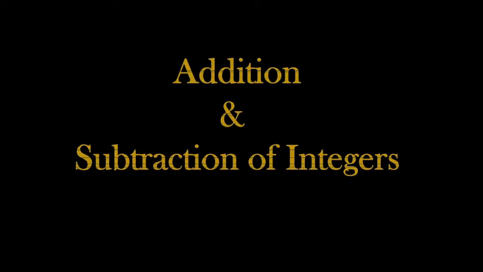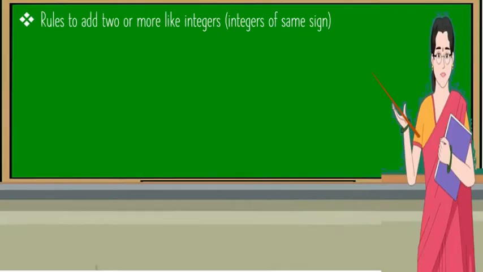Now the next topic which we are going to study is addition and subtraction of integers. Rules to add two or more like integers. First of all, we'll learn what are like integers. Integers with same sign are known as like integers.